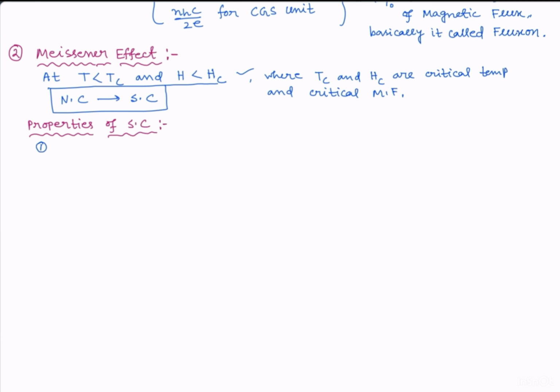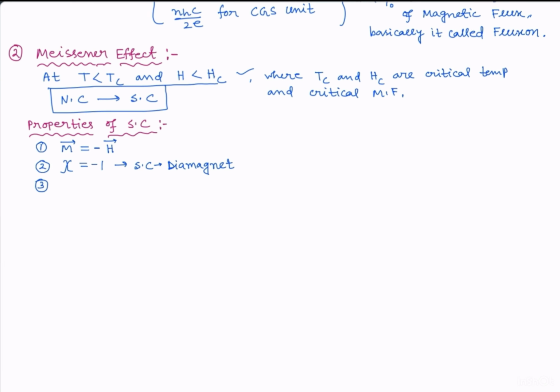In this stage, the magnetization will appear as a negative of the magnetic field lines, and also our magnetic susceptibility will be negative. So basically superconductor behaves as a diamagnet.